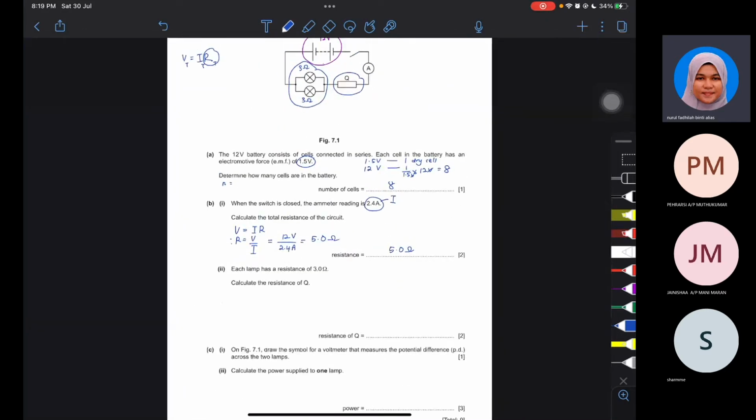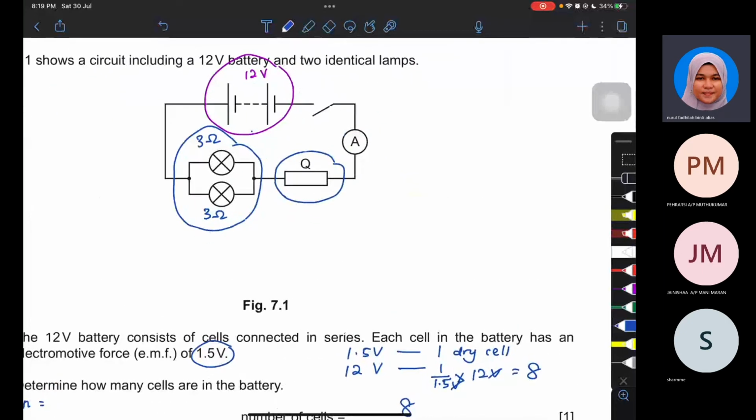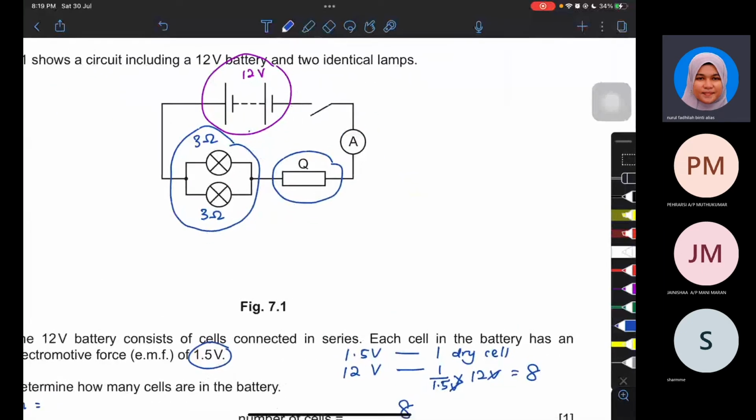Tengok saya buat macam ni. Kecil lah, nampak tak? So, okay, kita nak Q soalan nak Q. Saya buat kat sini sebab I want to look at the diagram. Okay, questions nak what is the resistance Q ni? So, that's the question. Okay, first you need to know what is the total R. Okay.